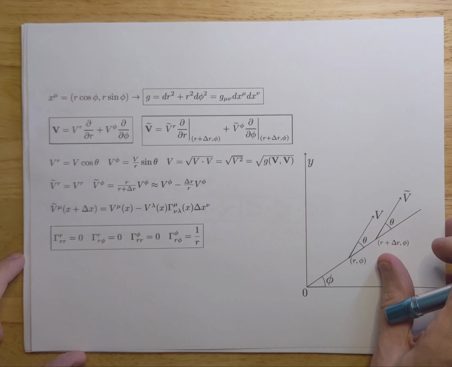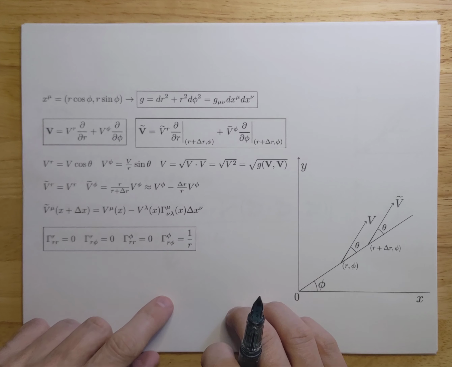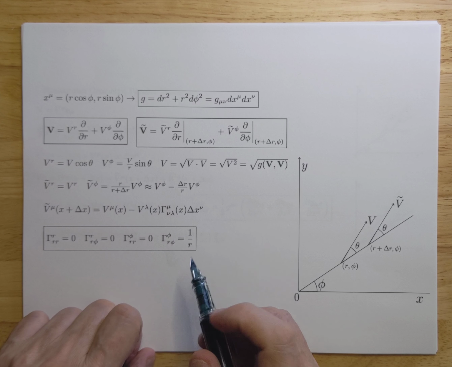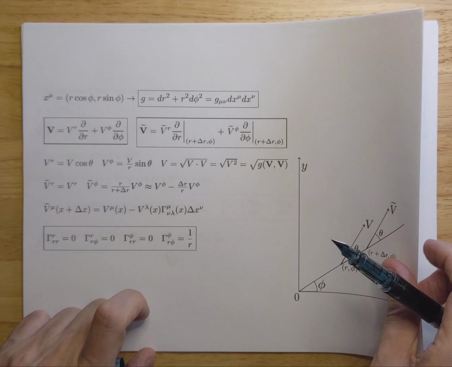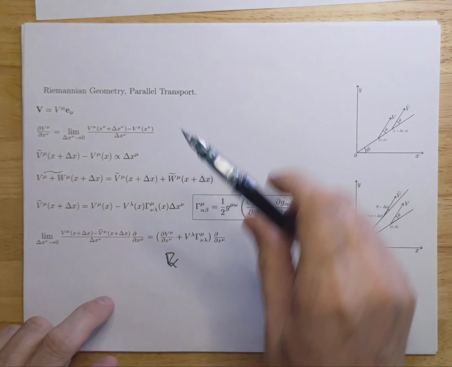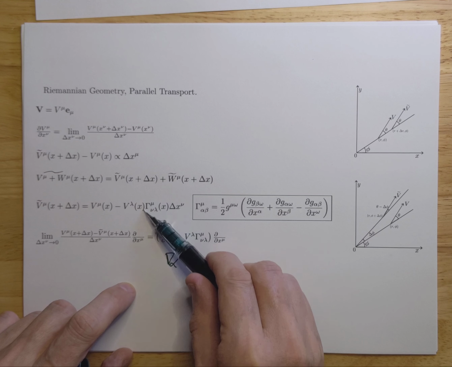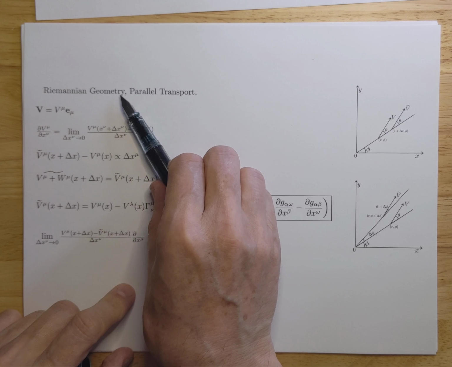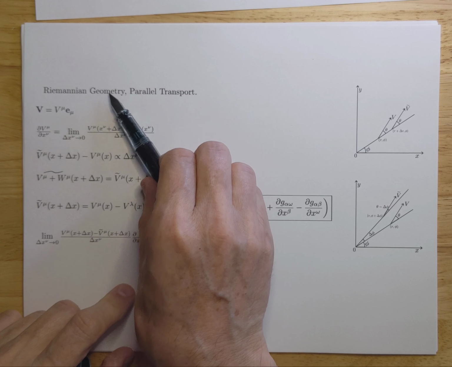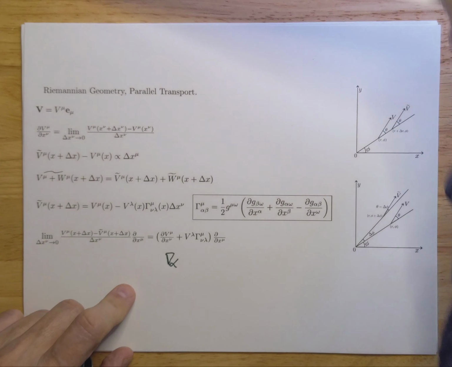How can we calculate these Christoffel symbols, or these connection coefficients? So these symbols here are called connection coefficients or Christoffel symbols, right? These numbers over here. And they are called that way because we are looking at Riemannian geometry. If you do Riemannian geometry, you will end up with connection coefficients that are Christoffel symbols. Okay.